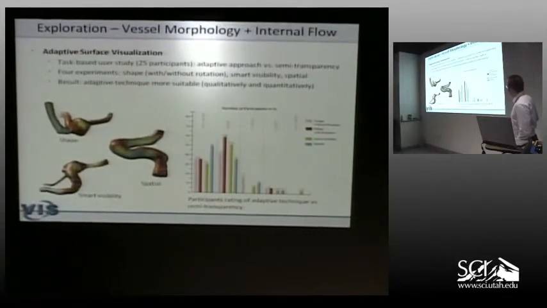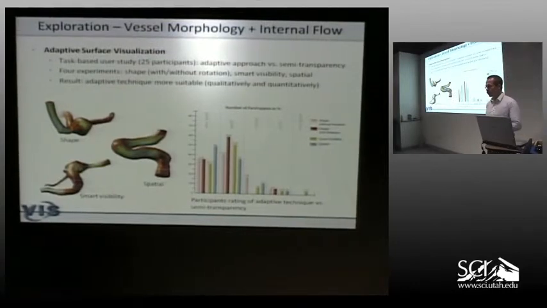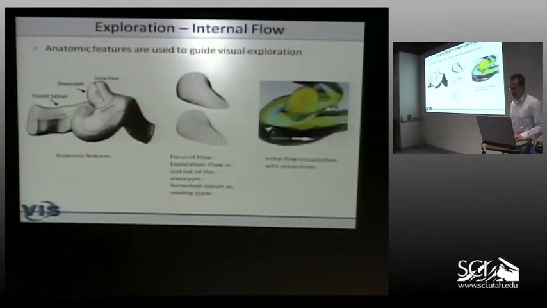For example, for shape perception, we asked users to adjust such a gauge figure in order to make it correspond to the local surface normal. That is a quite often used technique for shape perception. Or for example, in this image, we asked the user to assess which of these portions is closer to the viewer. Yeah? And yeah, it could be shown in this study indeed that the smart visibility derived variant was better.